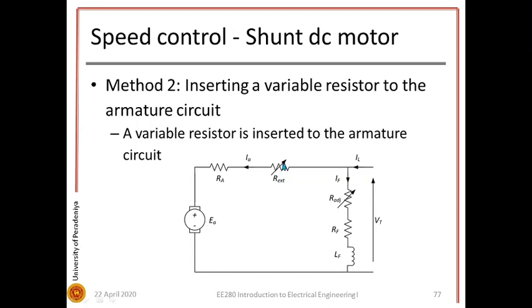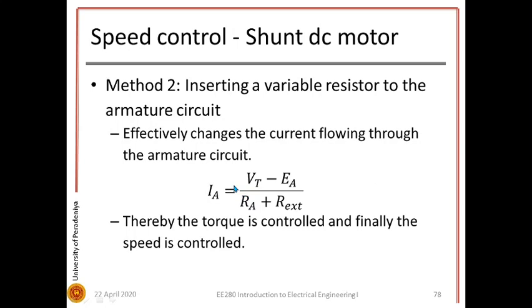So when you add an external resistance, what you are basically changing is the effective armature resistance in the circuit. So now your armature current would be Vt minus Ea over Ra plus R external.